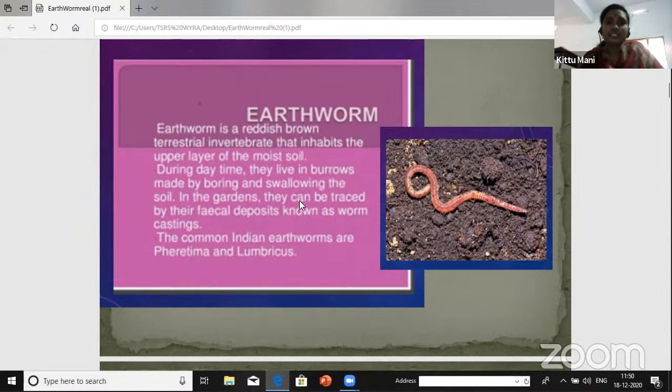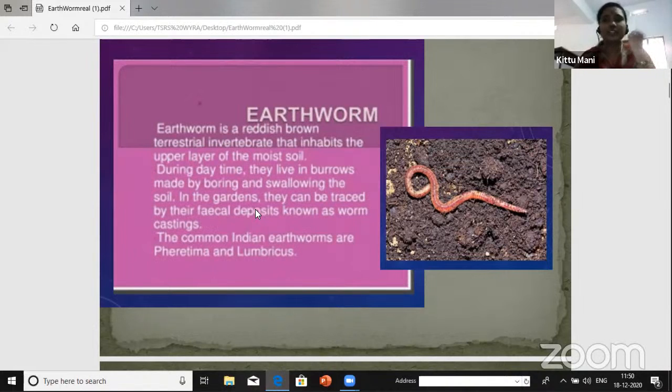In the gardens, they can be traced by their fecal deposits known as worm castings. In our gardens, in the rainy season or any other season, we will observe worm castings, which are fecal matter like structures.